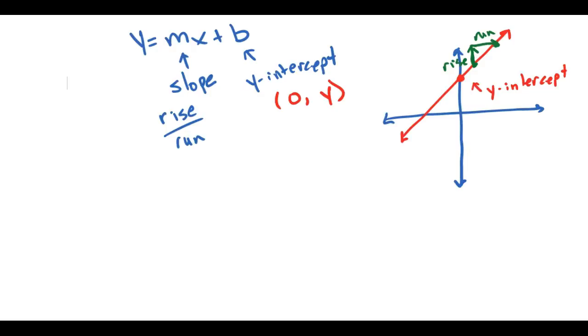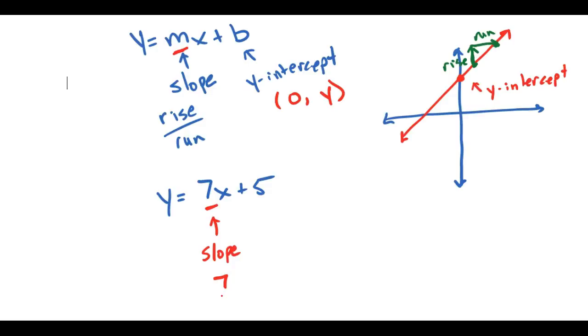Okay? So here's the equation. Y equals 7x plus 5. This number, this m here, is the number that is in front of x. That is our slope. So our slope here is 7.